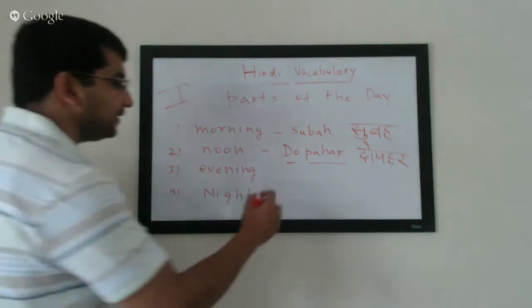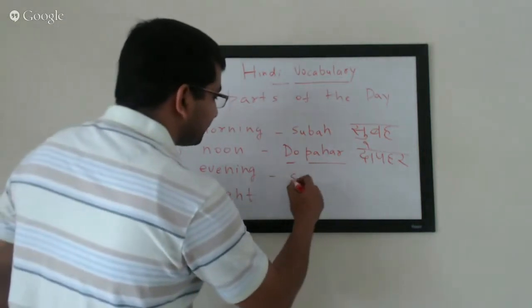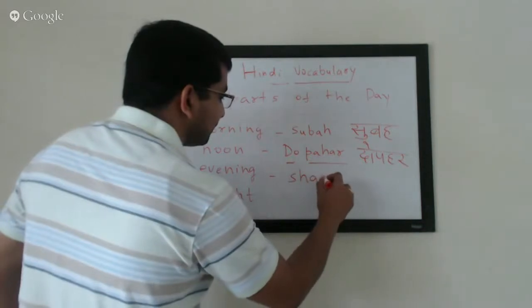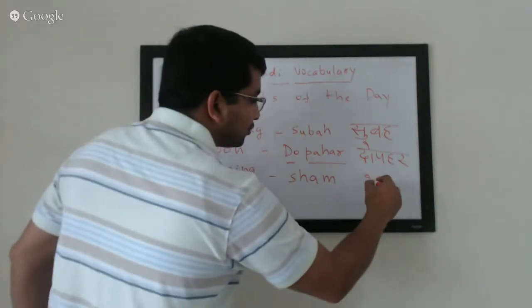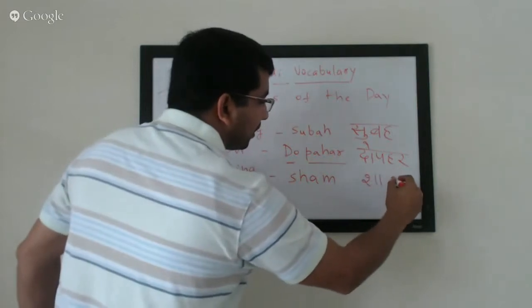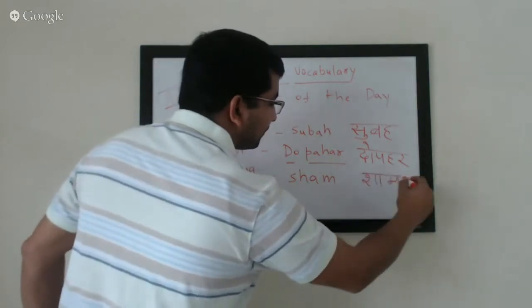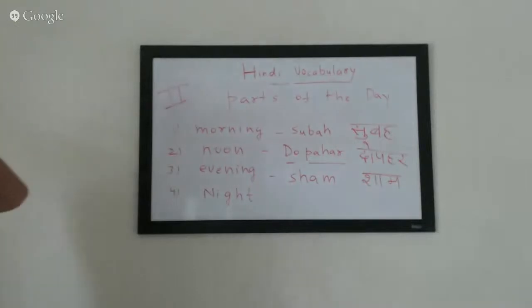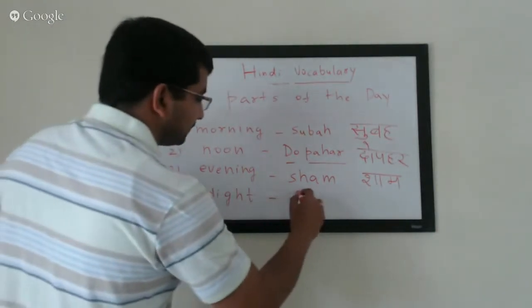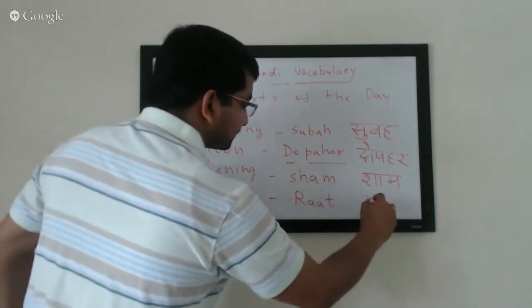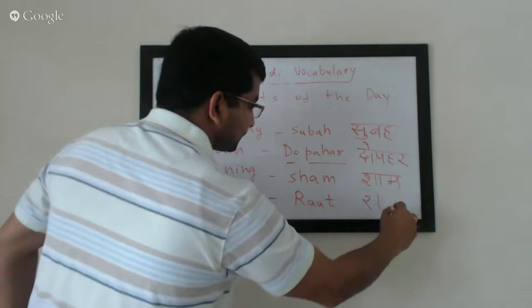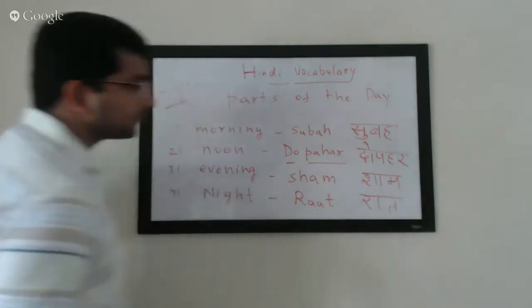The third one is evening, which is nothing but sham. It's sha, a, sham. And night is raat.